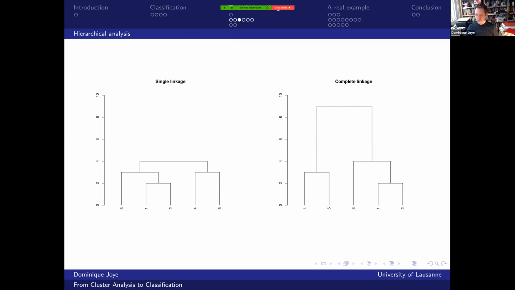And we cut the tree at a given level in order to have 2 groups, 3 groups, and so on. But from a classification point of view, we are not doing the best classification at the current level that is possible, but we are optimizing the path. We are optimizing the logic of going from all elements isolated to all elements together.